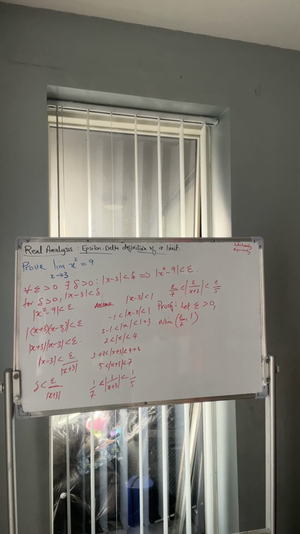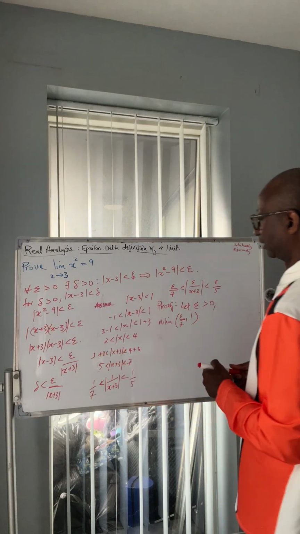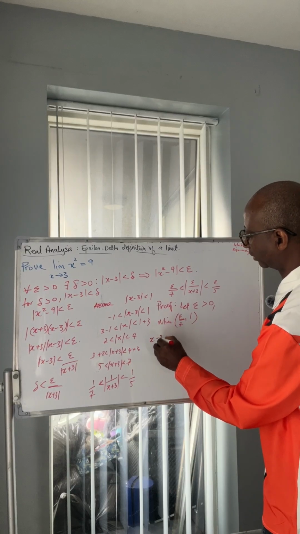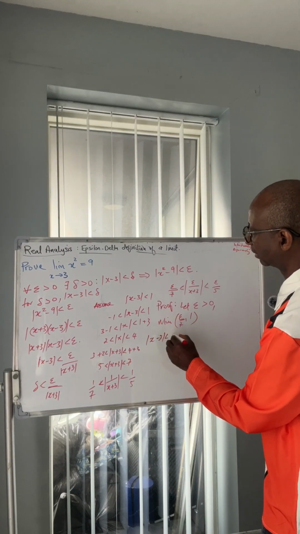I have to be fast so that this video will not go over 20 minutes. We already said that the absolute value of x minus 3 is less than delta.